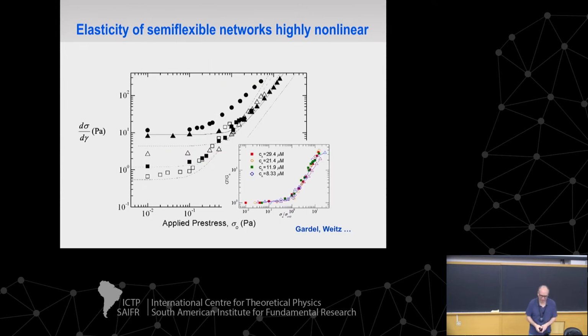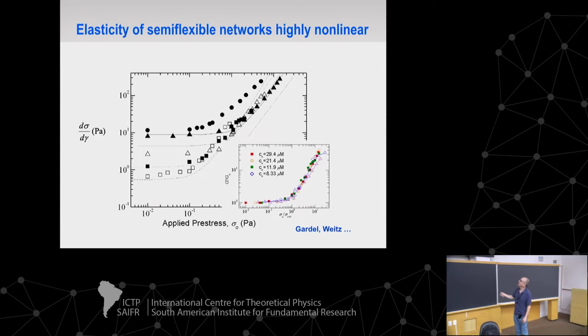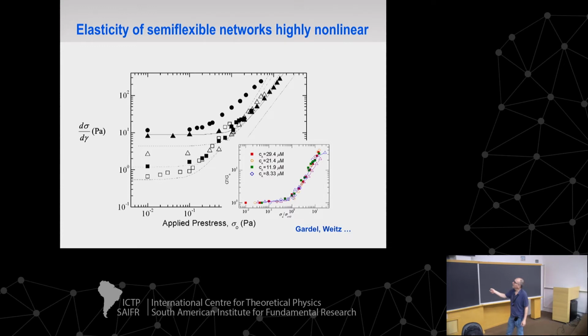Now, just to show you the generality in a little more detail, this happens to be from experiments a few years ago from Margaret Gardel when she was a grad student with Dave Weitz. It shows a series of different samples of actin. Because the systems are so nonlinear, it's a non-Hookean stress-strain relationship, and it's no longer that useful to talk about the ratio of stress to strain.